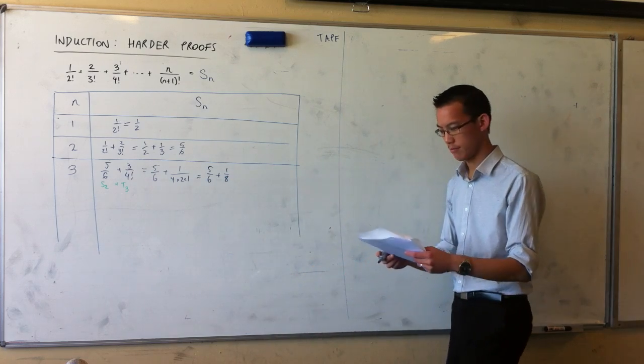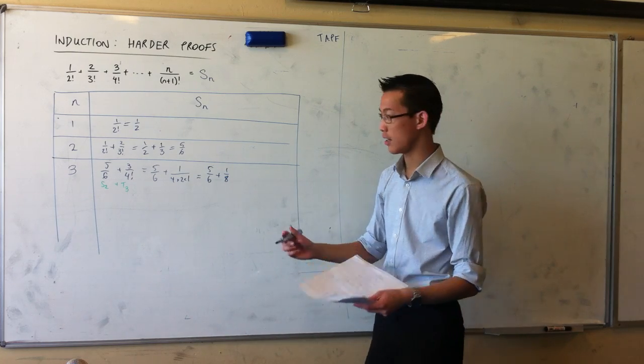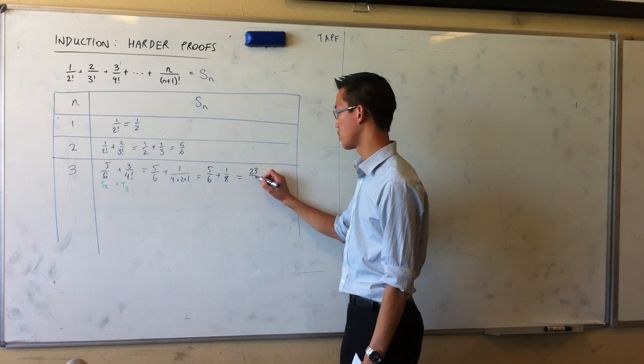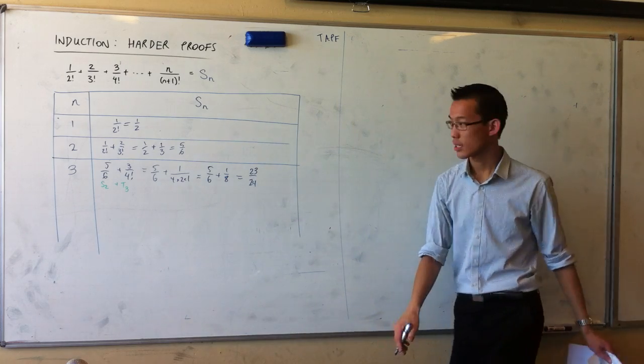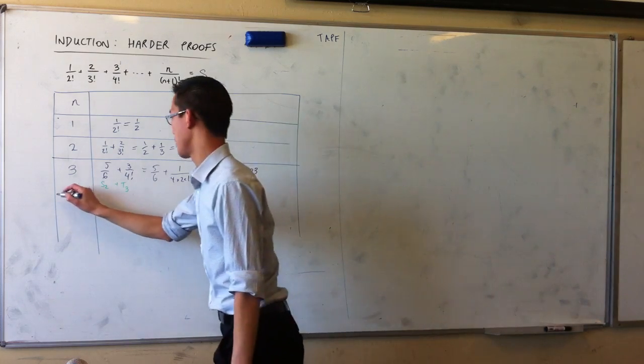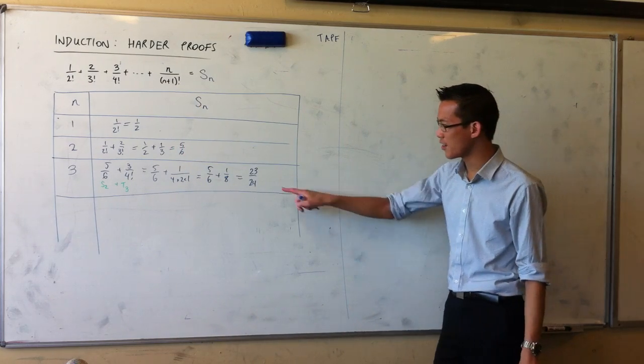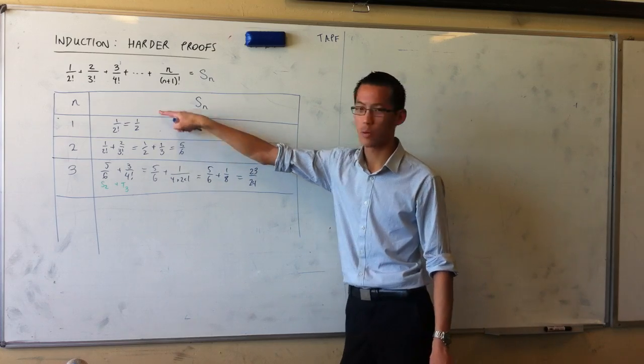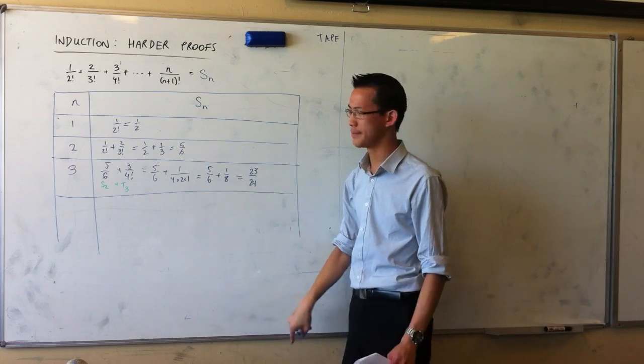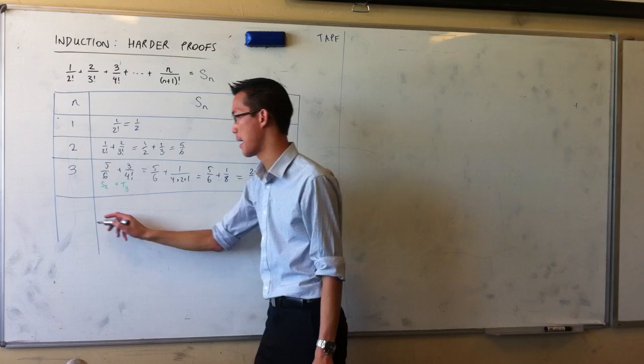I'll need a common denominator here. I'll save you some time: 23/24. Still, nothing's really jumping out at me, though I notice these are always 1 less. It's kind of weird. Let's see if we can make a consistent pattern out of this.